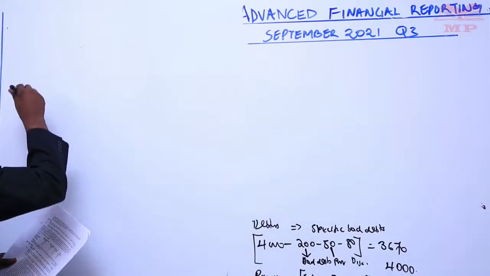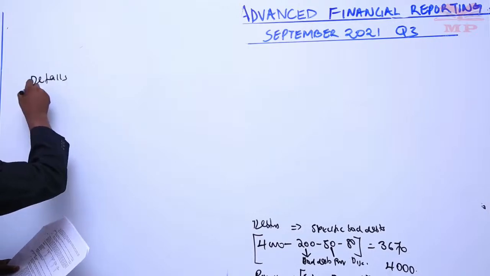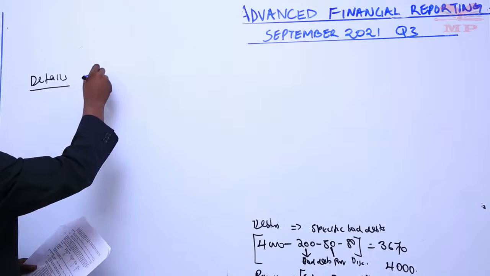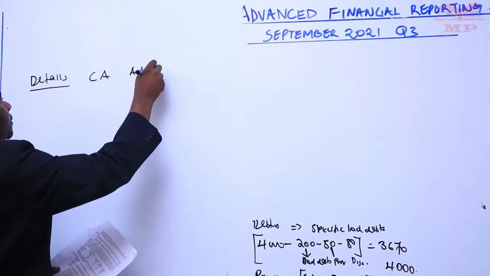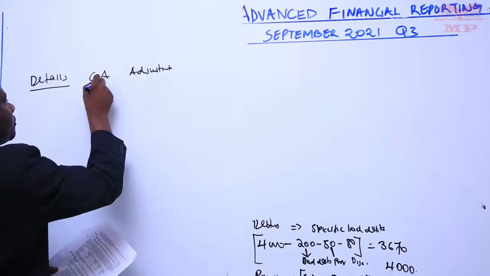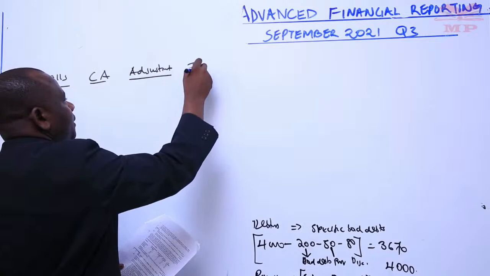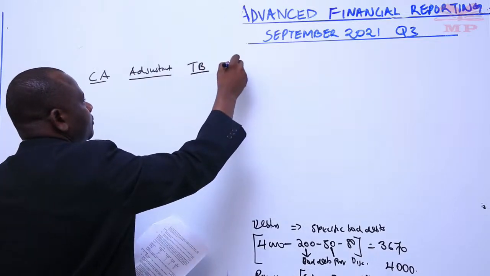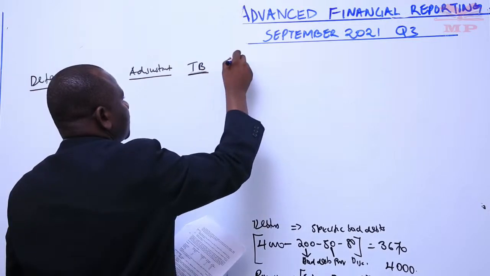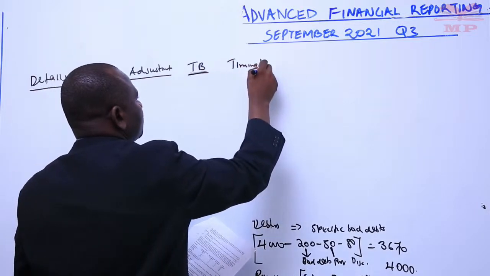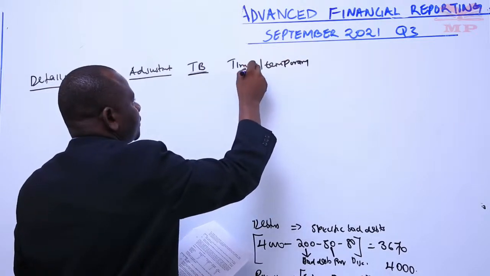So here is details, carrying amount, adjustment, tax base, timing, stroke temporary differences.